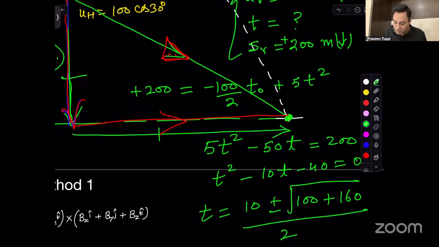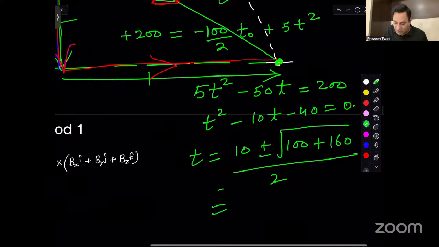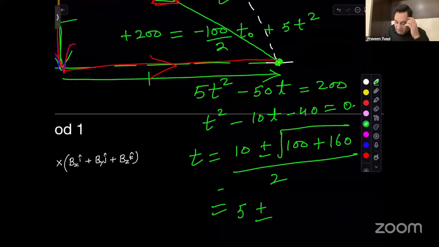4 is 160. B square minus 4AC. So I'm just looking at your answers and trying to figure out, has anyone answered it correctly? 5 plus minus, this is 260.